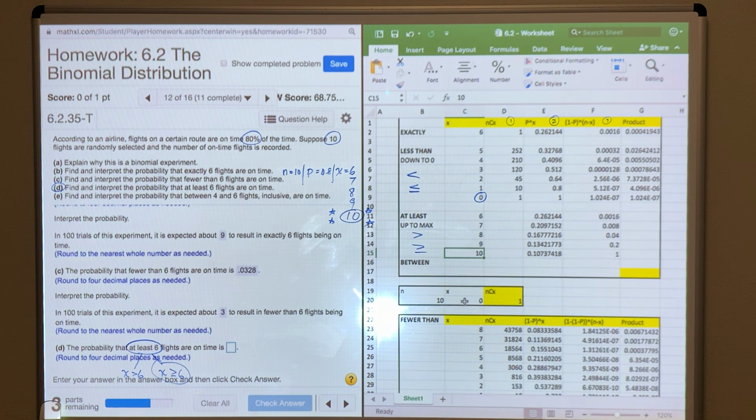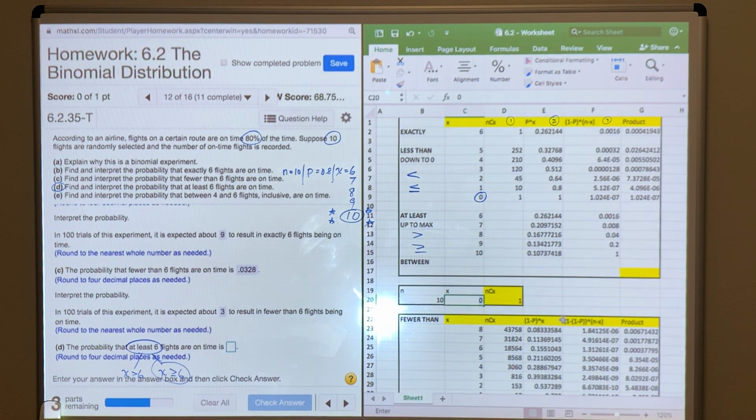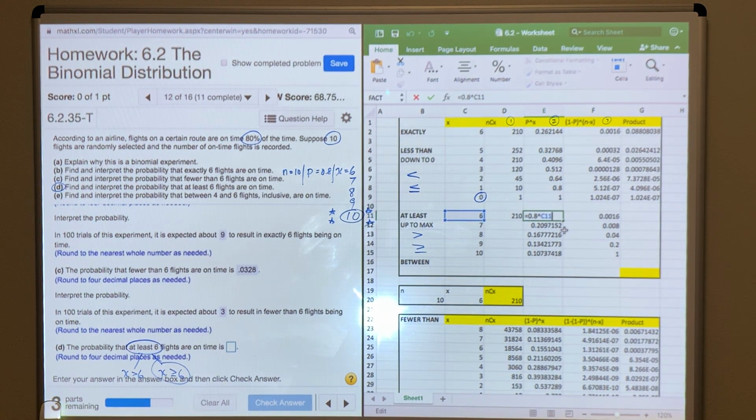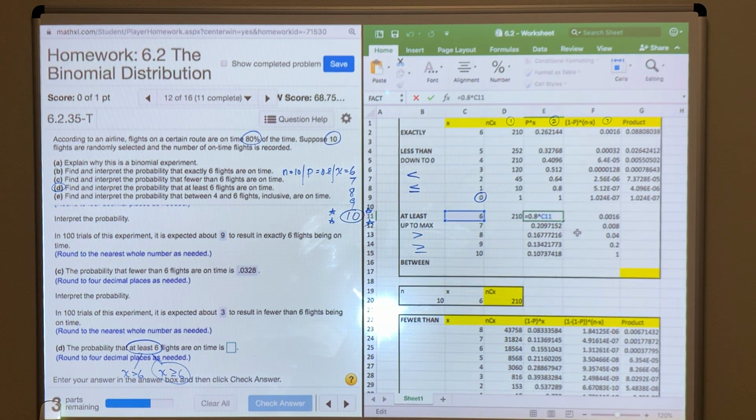Well, here we go. What's my n? 10. What's my first x? 6. So I actually have that already, don't I? It's over here, but I'll just redo it, right? 210. What is my p to the x? My probability is 0.8 to the power of my x. That looks nice.